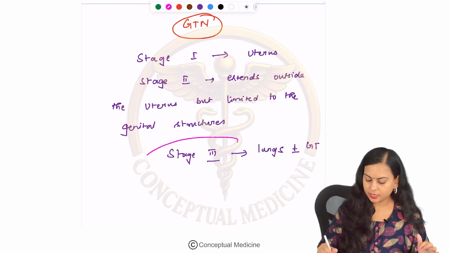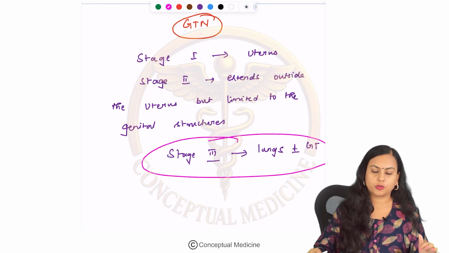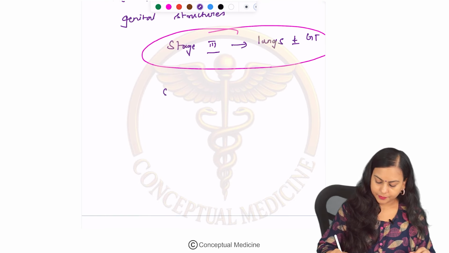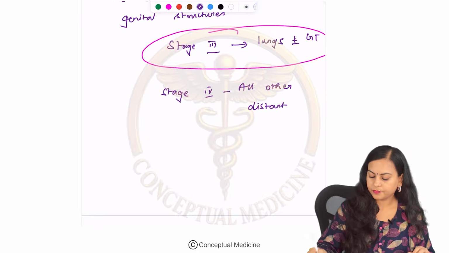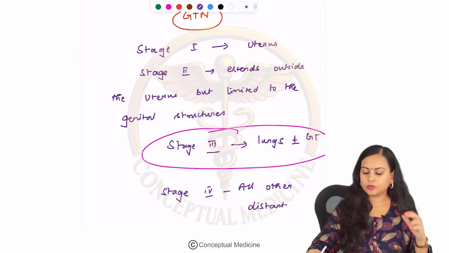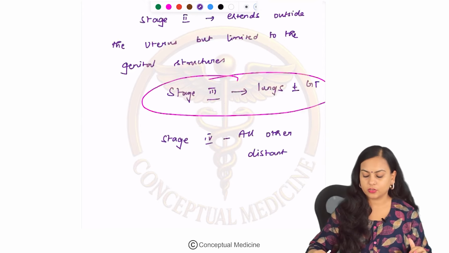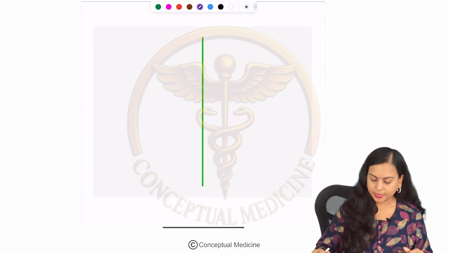Okay, so that is why this staging is very important, right? And finally, stage 4, all other distant metastatic sites. Clear? So, this is about the staging of gestational trophoblastic neoplasia.